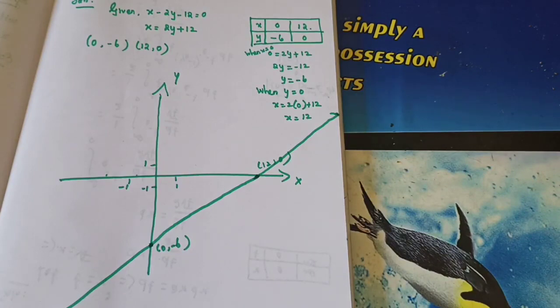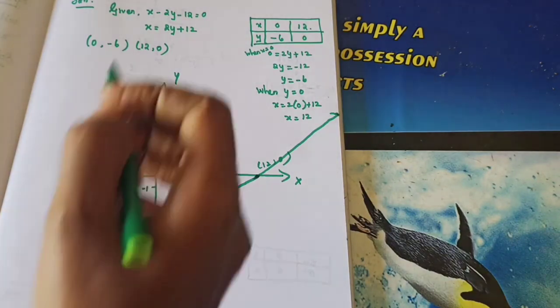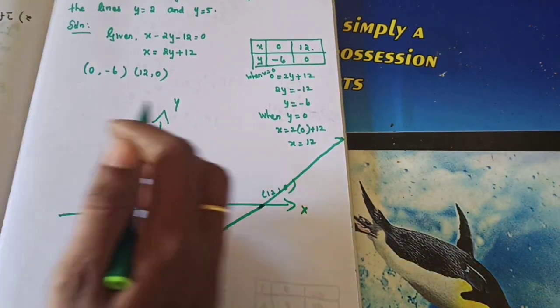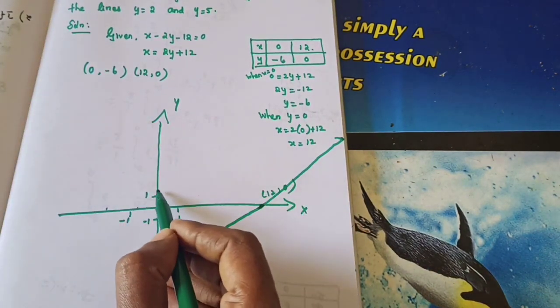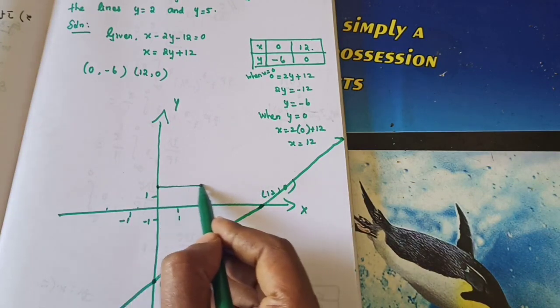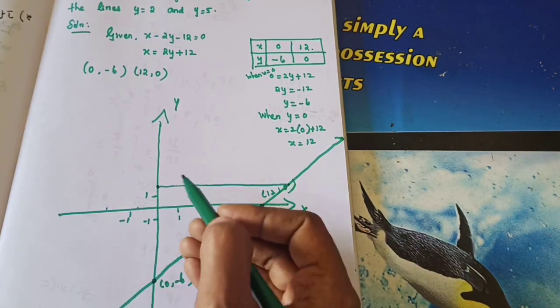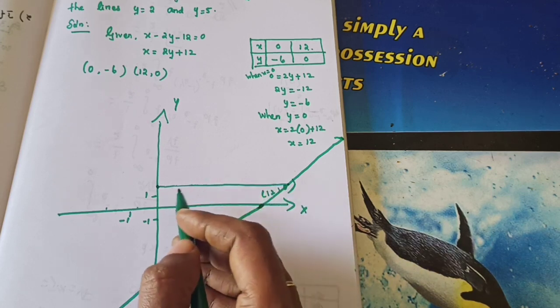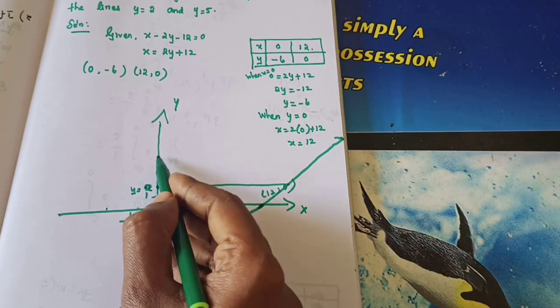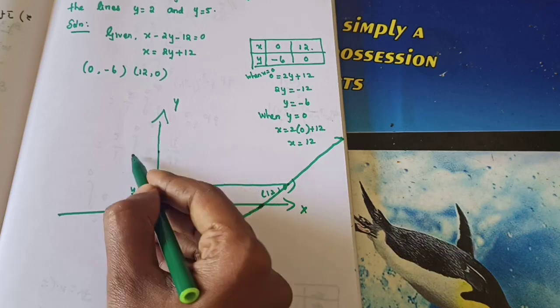Next, what's the limit given in your question? y equal to 2 and y equal to 5. So y equal to 2 will be nearly here. Is it a horizontal or vertical line? A horizontal line, y is equal to 2. Then y equal to 5 will be approximately here.